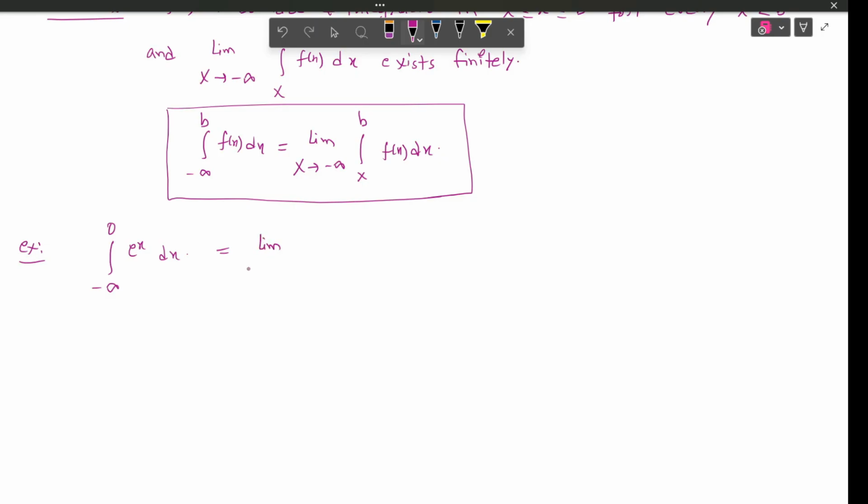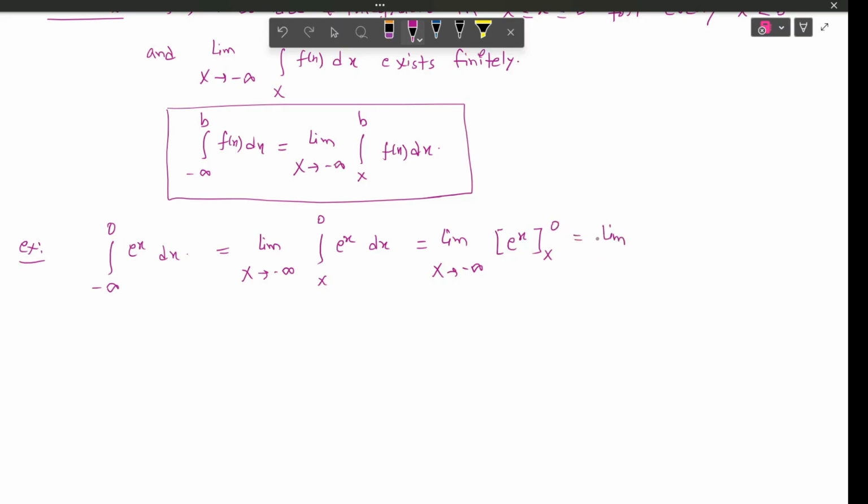So you have to take the limit as X tends to minus infinity of the integration from X to 0, here the upper limit is 0, of e to the power x dx. So now simply evaluate this integral and put the limit, you will get the answer. The integral of e to the power x is e to the power x, so it will be e to the power x from capital X to 0.